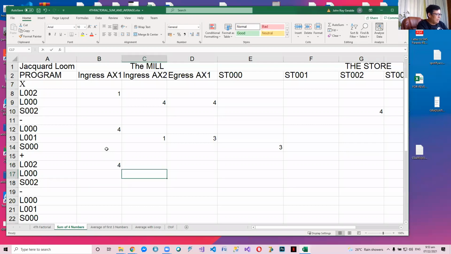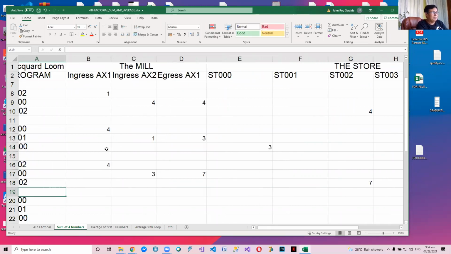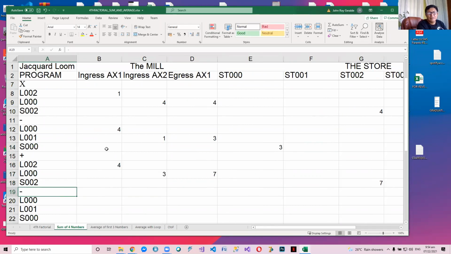We know it's 3. 4 plus 3 equals 7. And we store it in S002, which is our partial sum also. So the next sum is 7. Do we follow, everyone?